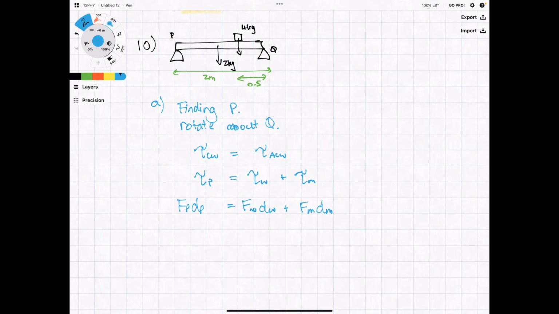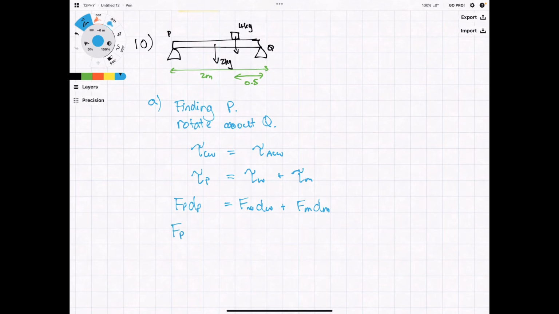Okay, FP is the thing that we're trying to find. This is our unknown, FP. We know its distance though, times by 2 equals the weight force, which is 2 times 9.8, times 1 meter, plus the mass, which is 4 times 9.8, we convert to weight force, times by 0.5.